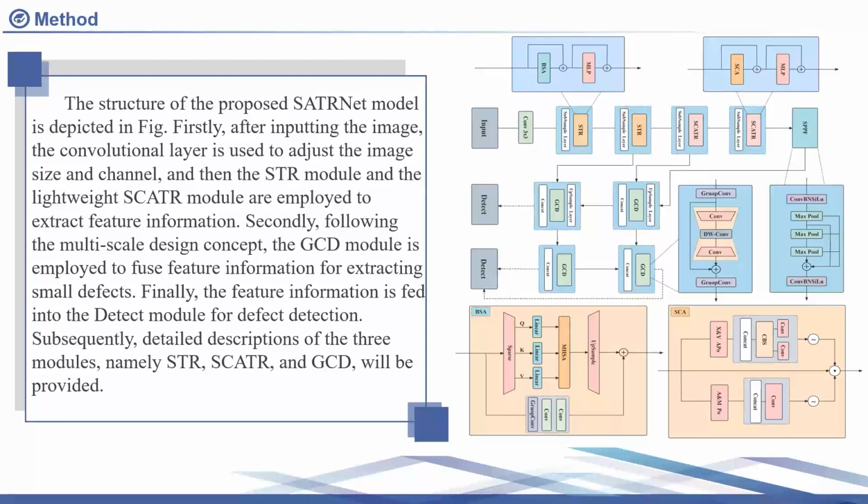Secondly, following the multi-scale design concept, the GCD module is employed to fuse feature information for extracting small defect. Finally, the feature information is fed into the detect module for defect detection. Subsequently, detailed descriptions of the 3 modules, namely STR, SCATR, and GCD, will be provided.